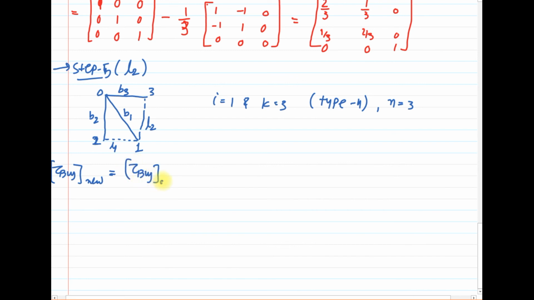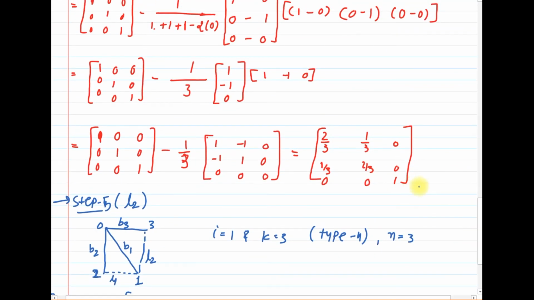Yes, one more thing we have seen over here, that after addition of a co-tree link, the size of the ZBus matrix will remain as it is.